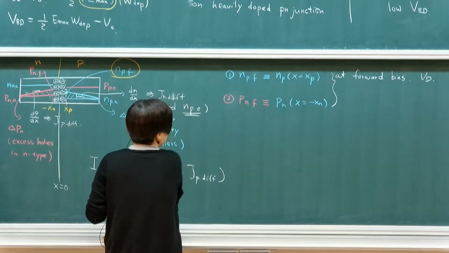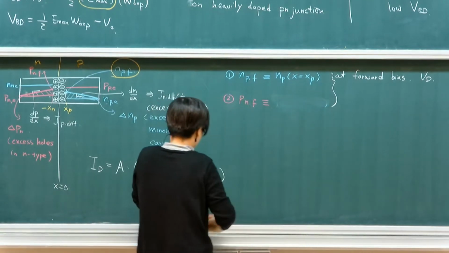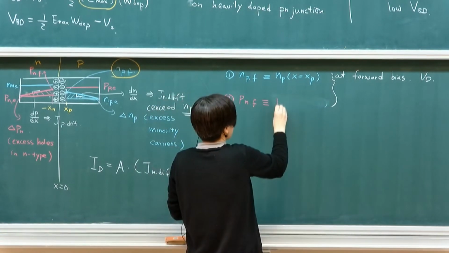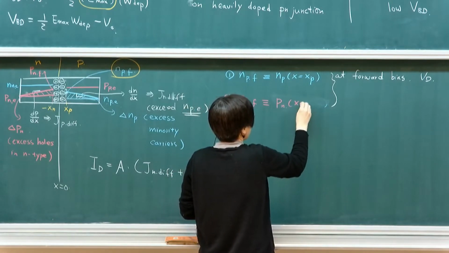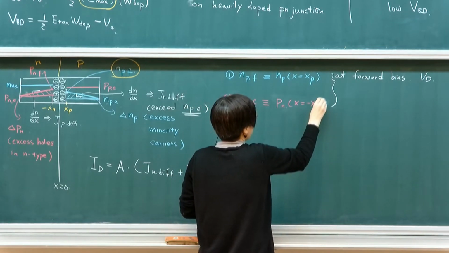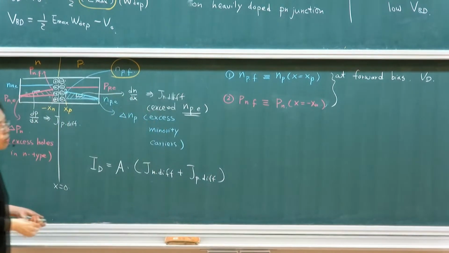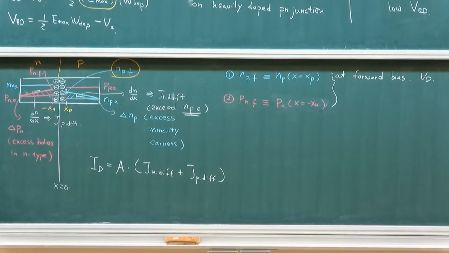So let me use consistent colors for my holes. As this hole, you consider doing forward bias at this particular junction, what is its level? To find out this level, we need to go back to our understanding of built-in potential.